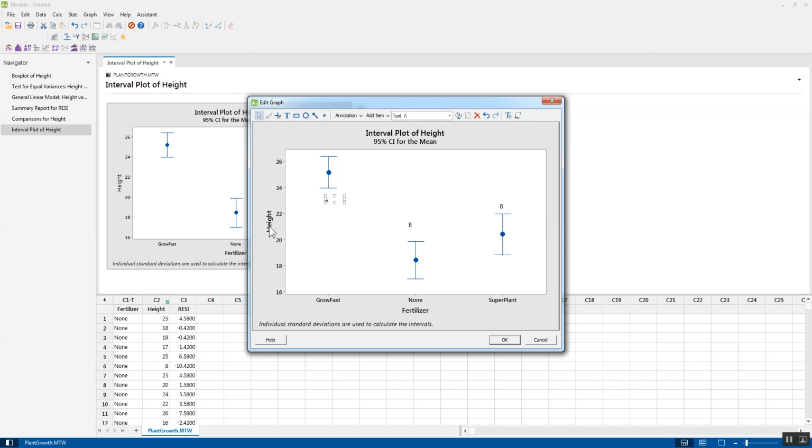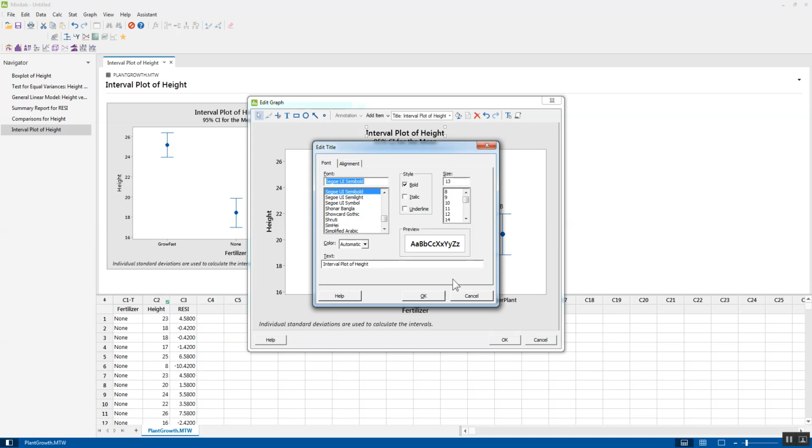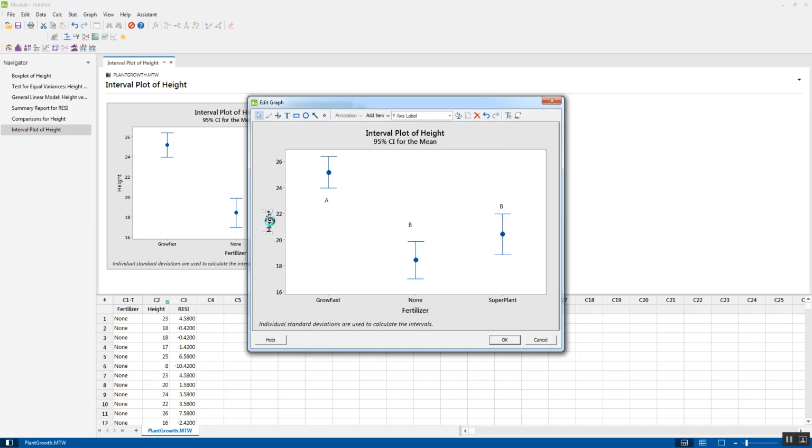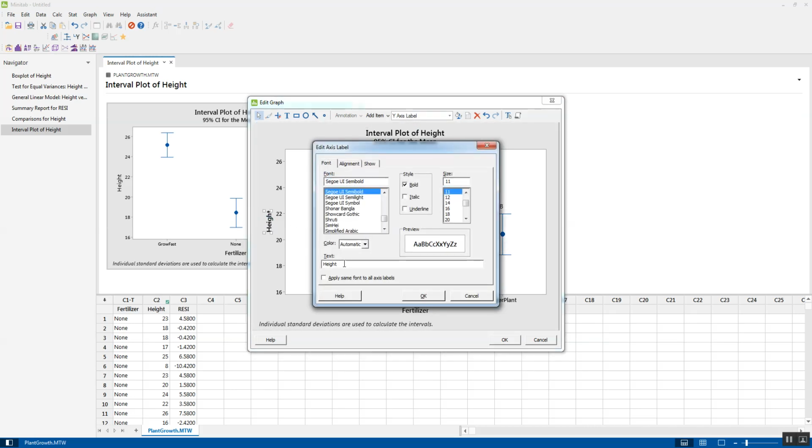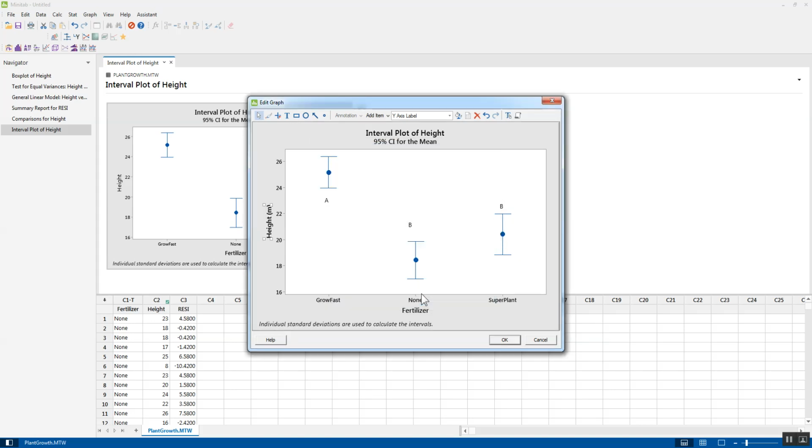Some height units need to go in. That fertilizer label could possibly disappear because it's fairly self-explanatory. The title needs some work as well. So you can just see by clicking on things, I can then be adding units and getting my graph ready to go into a report. There we go.